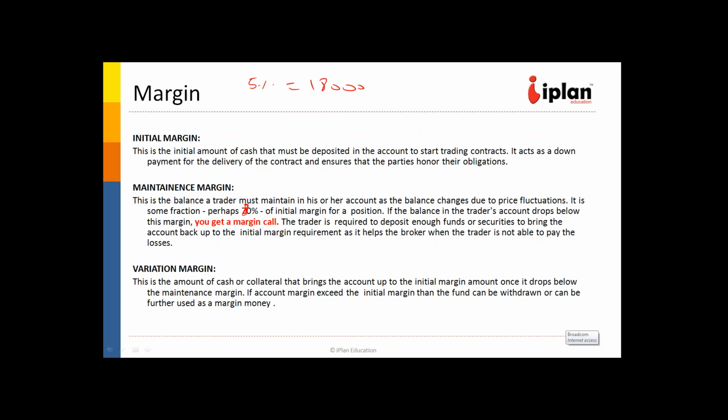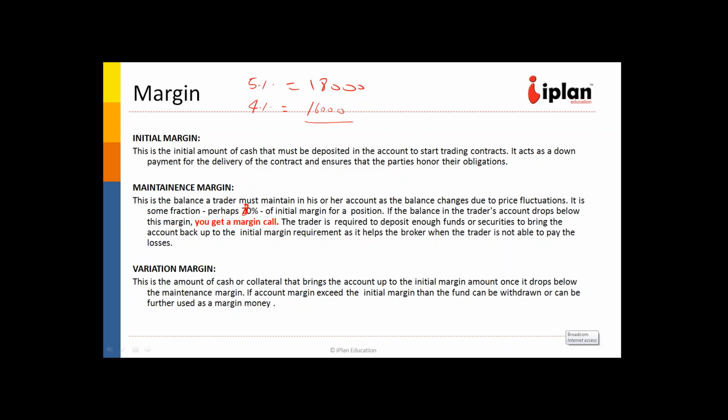So if the balance in your account drops below 4%, in that situation you get a call from your broker. So let's say if your balance remaining in your account is 16,000, you get a margin call.